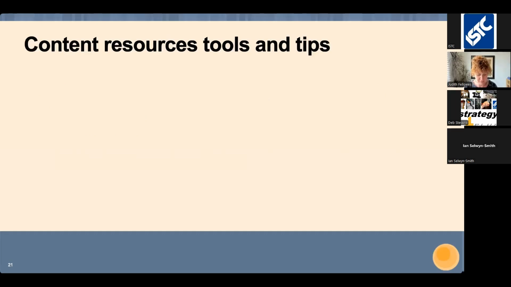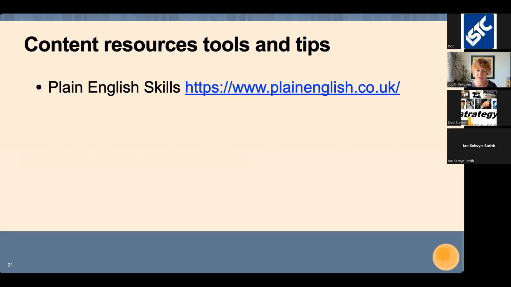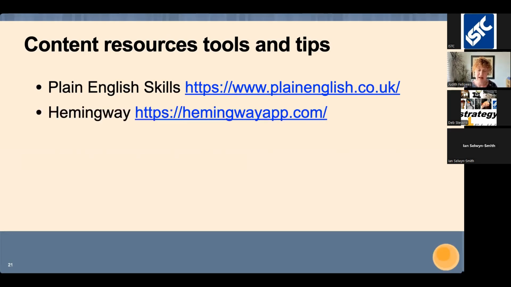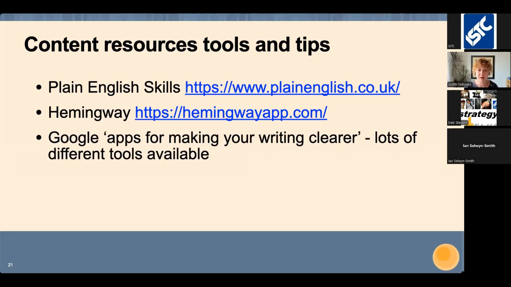And also there's a number of different tools that you can use. So definitely have a look at Plain English. They've got lots of resources and lots of free stuff, and they also do training in Plain English as well. I'm a big fan of the Hemingway app. I think it was some content writers that put me onto this a few years back at HMRC, and I find it really, really helpful. If you don't like the Hemingway app, there's loads of other different tools.